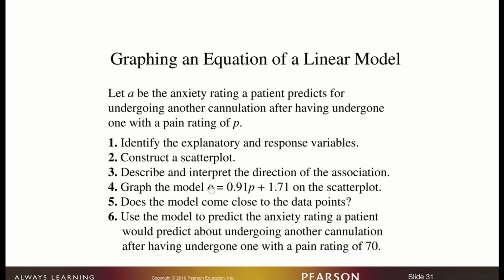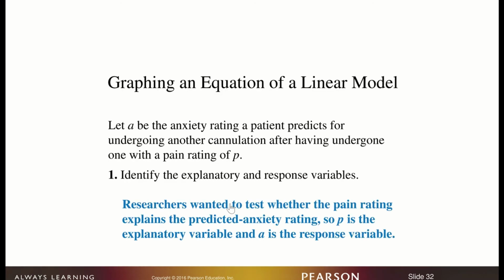As we will see, it will. And we're going to use the model to predict the anxiety rating for a patient whose pain rating is 70. As we mentioned, because they want to know how pain ratings explain anxiety ratings, P is going to be the explanatory variable and A is going to be the response variable.